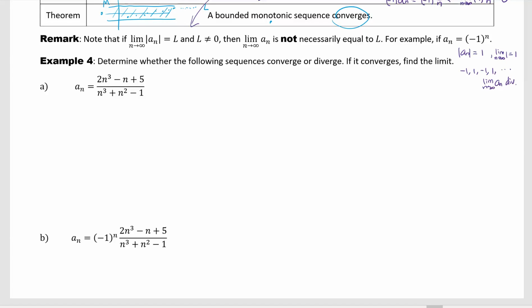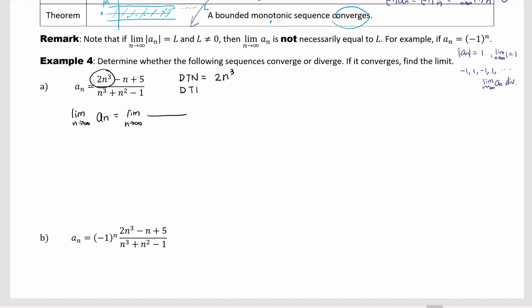It's a rational function. Do you remember how to compute the limits of rational functions? We look at the dominant terms, right? What are the dominant terms? The dominant term of the numerator is 2n cubed, okay?